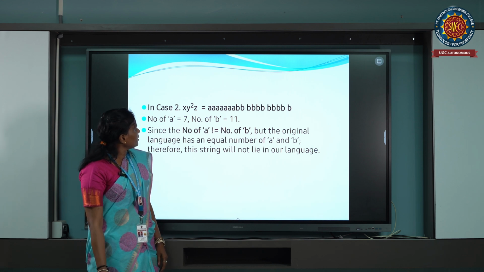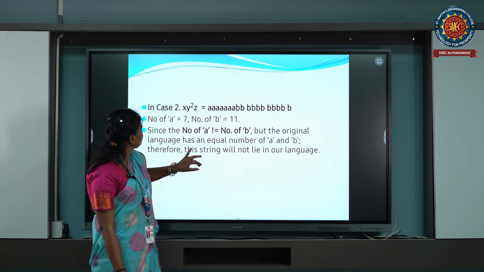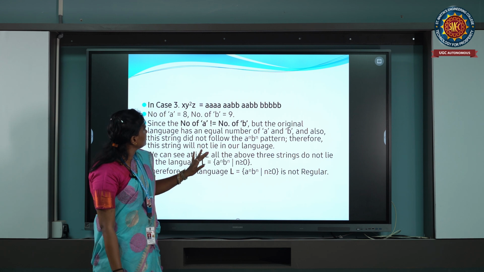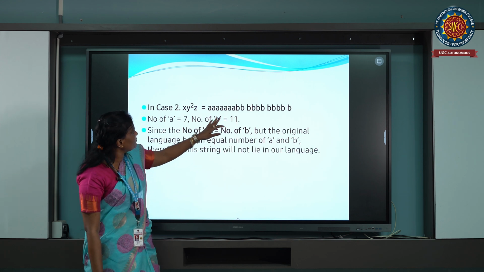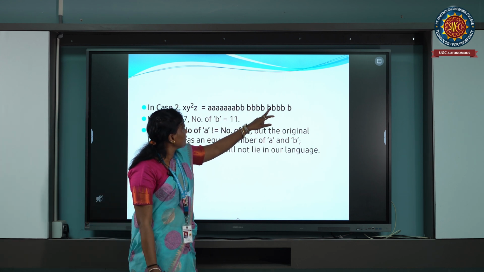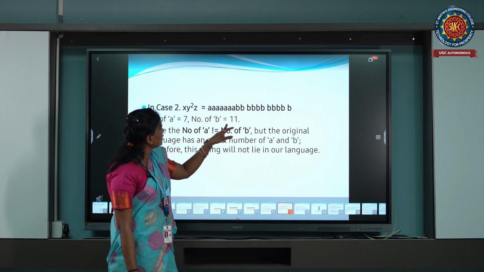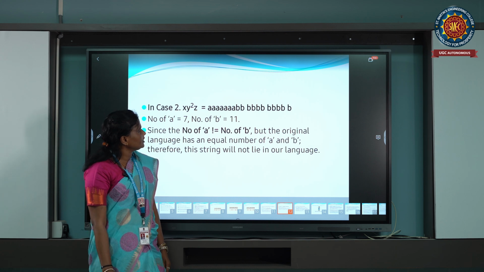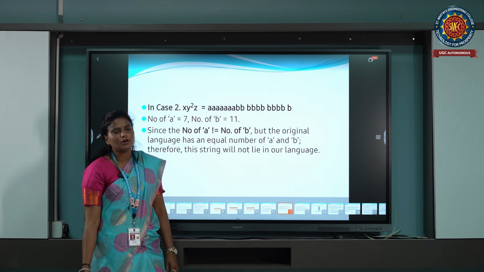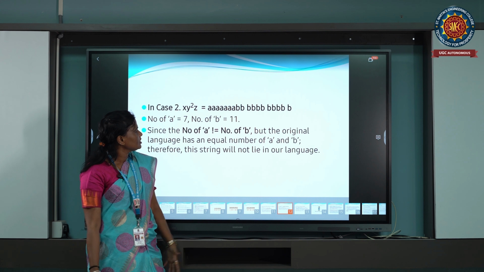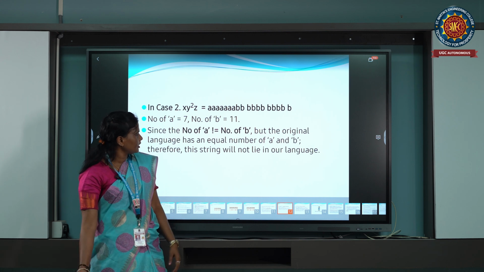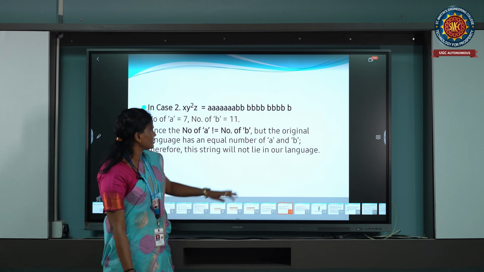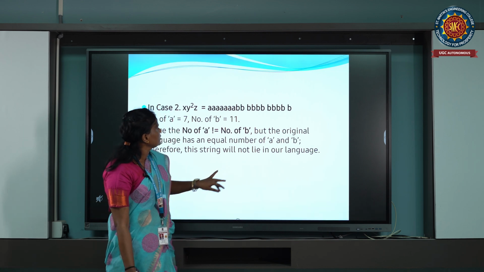So now the number of b's is 4, and including all the b's, b is 11 and a is 7. So it is also not following the original regular language. So this does not belong to the regular language, it does not lie in our language.